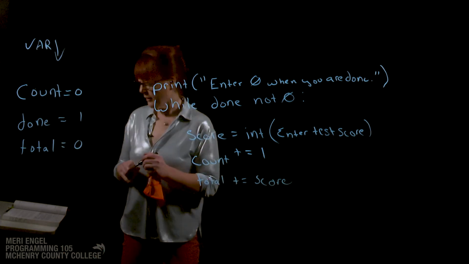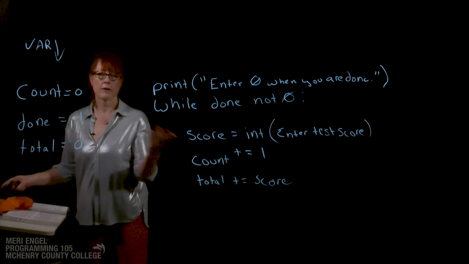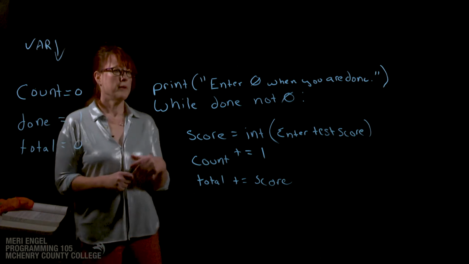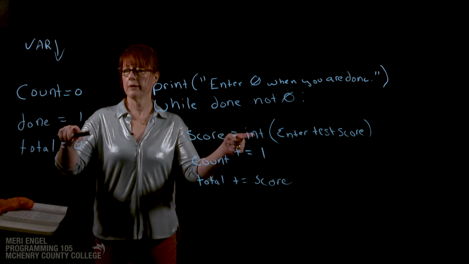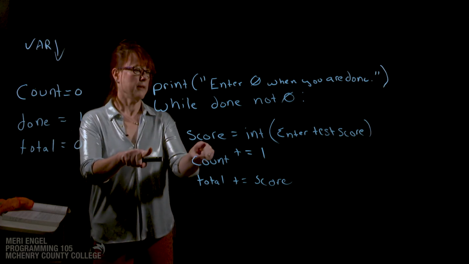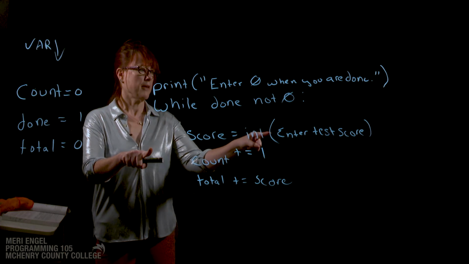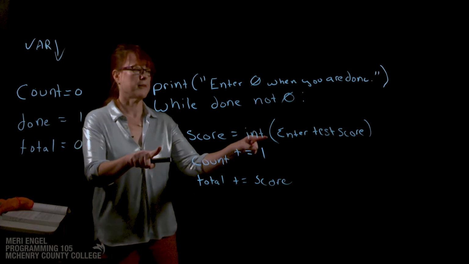And so let's look through the logic of this as a user is going through. So this will print on screen: Enter 0 when you're done. While done not equals 0. Currently, done is 1, so we're going to enter the while loop. Score equals int, enter the test score. And this is called desk checking. I'm checking my logic because I might have an error in here. In fact, I just realized that I do.